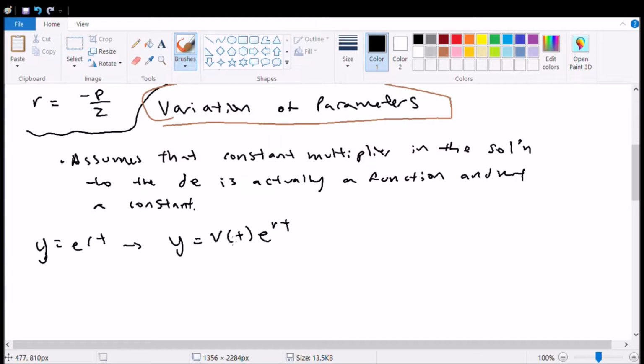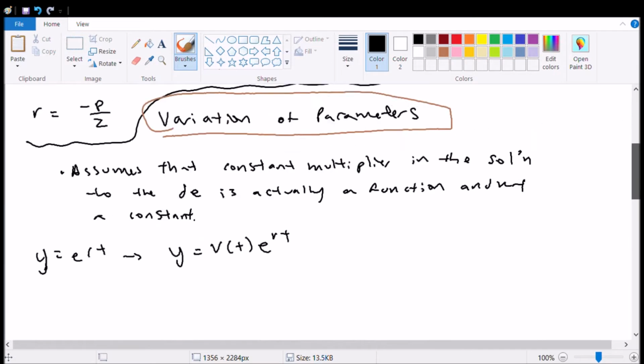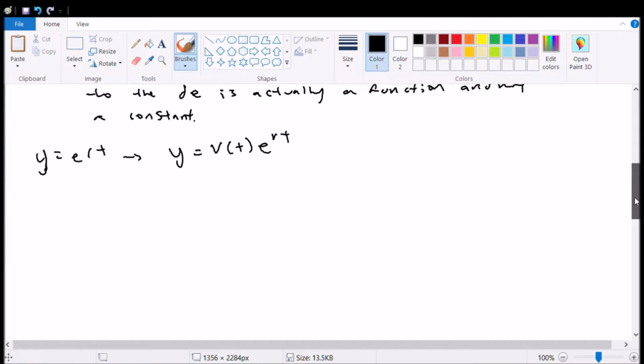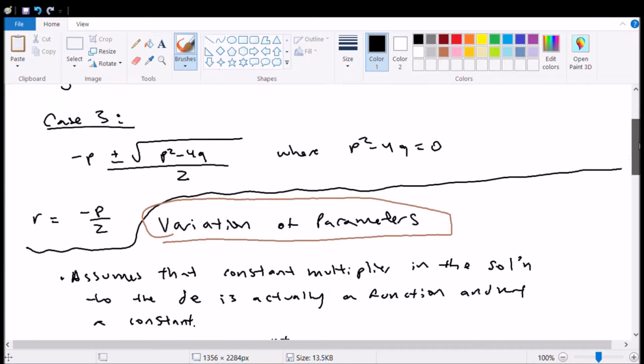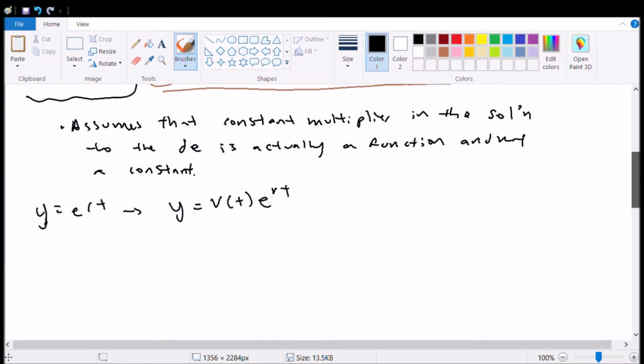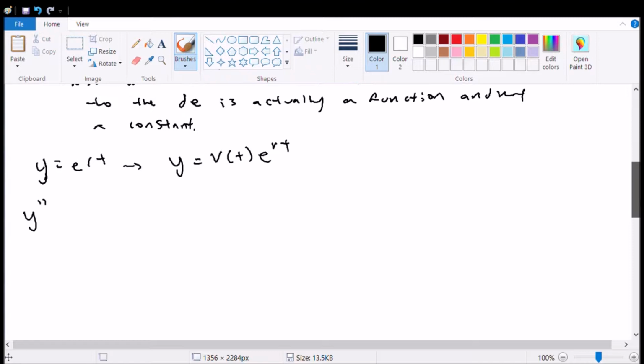And now, before when we substituted in e to the rt into this differential equation, this is what we got. Well, now we're going to substitute in y equals v of t e to the rt into this differential equation and see what we get. Okay, so obviously this is going to be slightly more difficult simply because when you take derivatives, you're going to have to account for the product rule now. So we're just going to first figure out the derivatives.